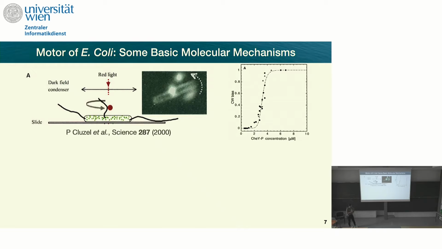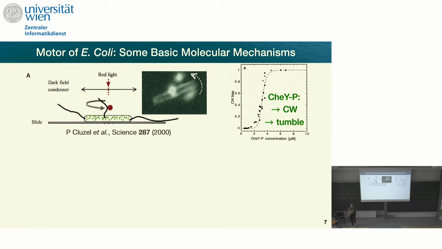And so what has been found in this work is that if phosphorylated CheY, and that's only one of two components I'm going to mention here today, is present in the cell at a high concentration, this bias of clockwise rotation approaches 1. And so what that essentially means is if this phosphorylated CheY is present in the cells, they are expected to tumble.